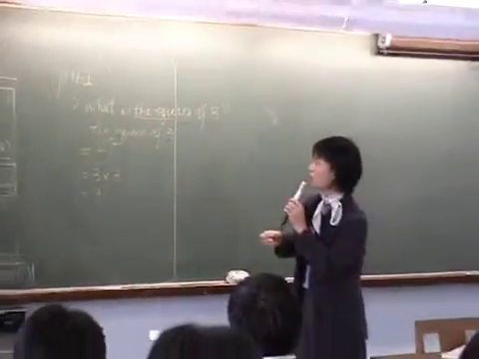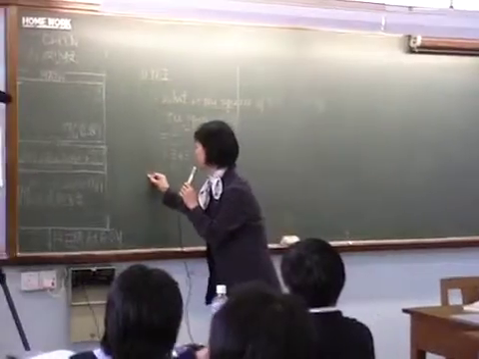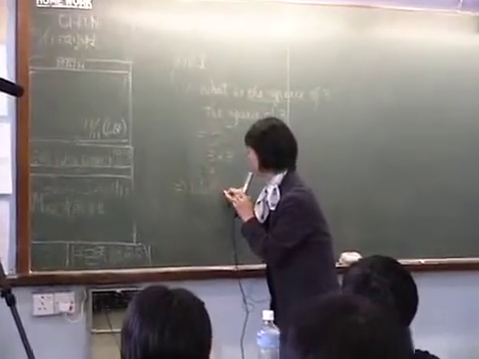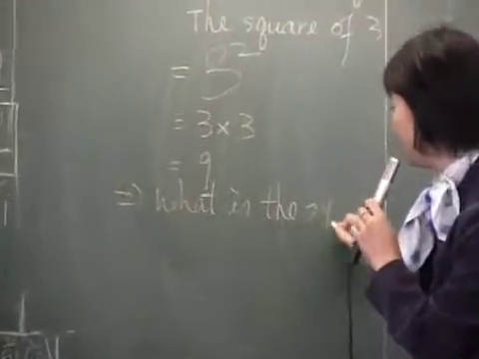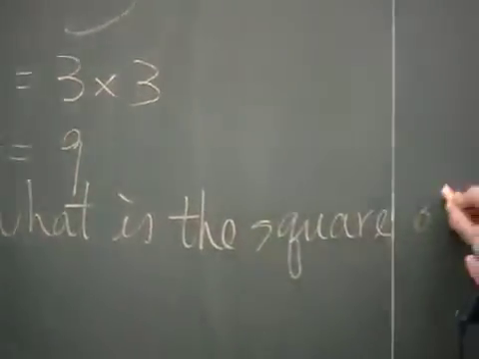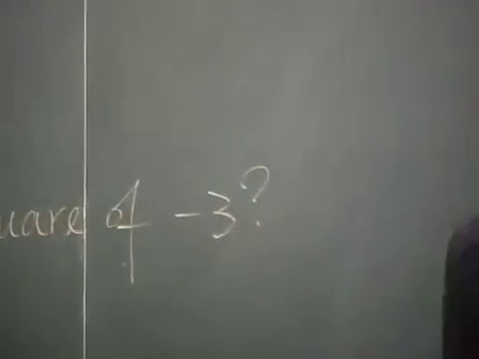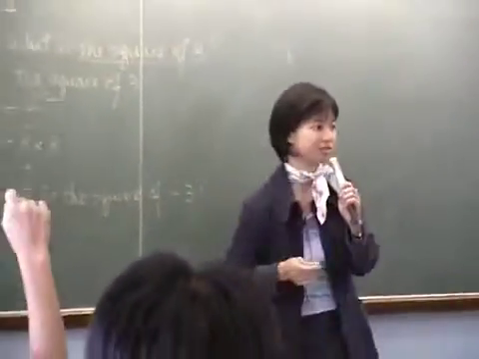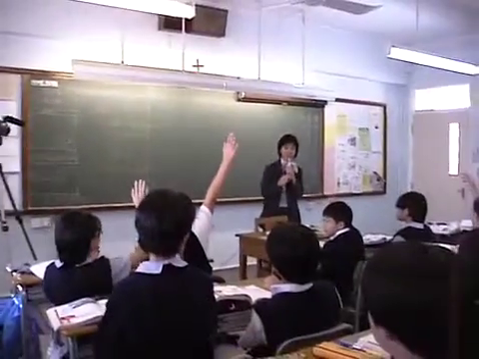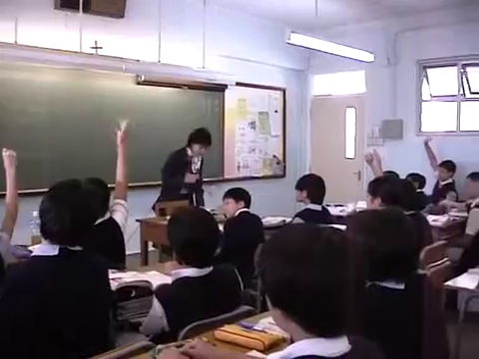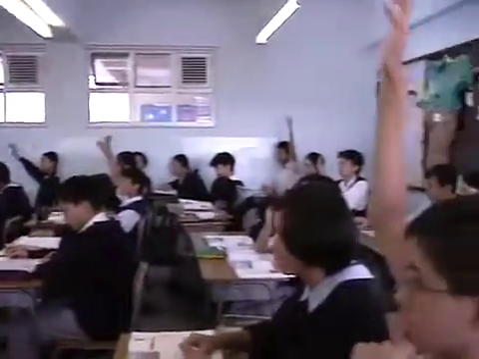Okay. So what is the square of -3? So can you show the step? Okay, the first line, what do you write?